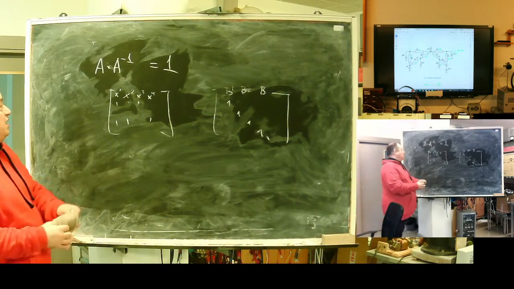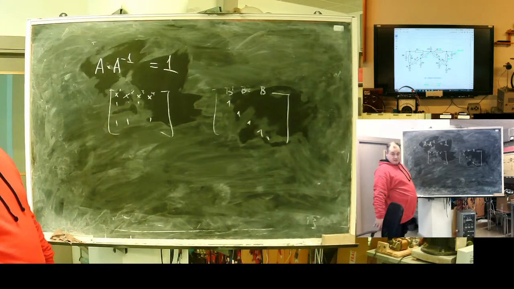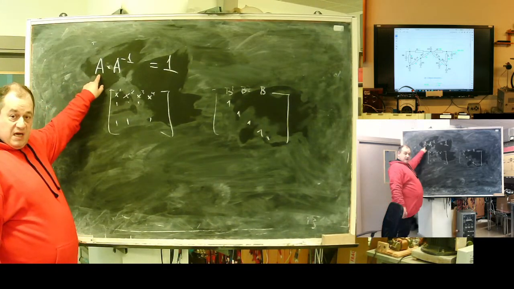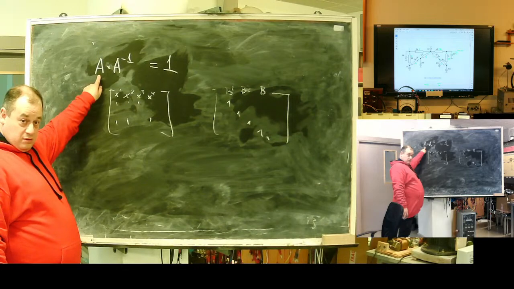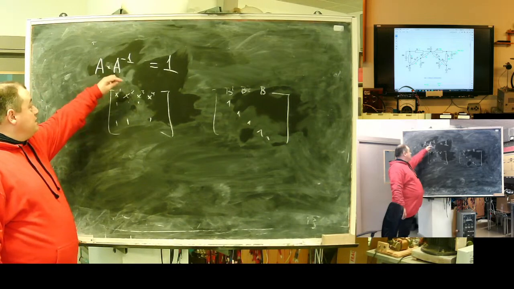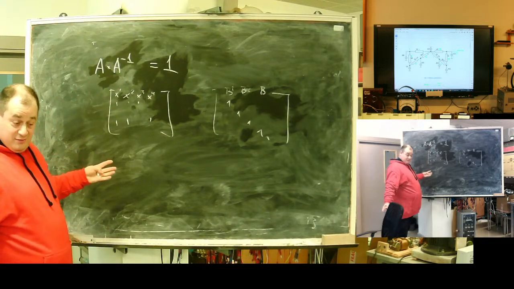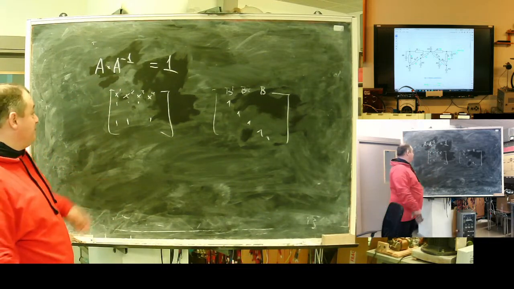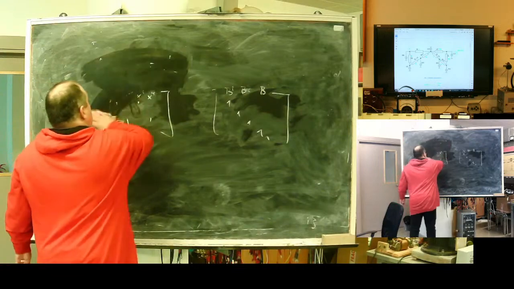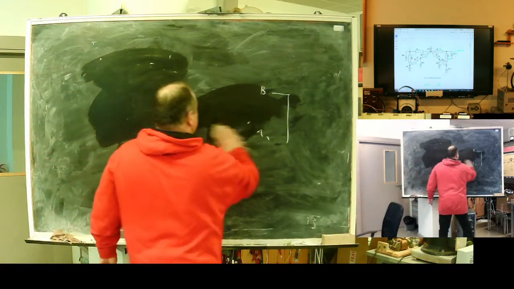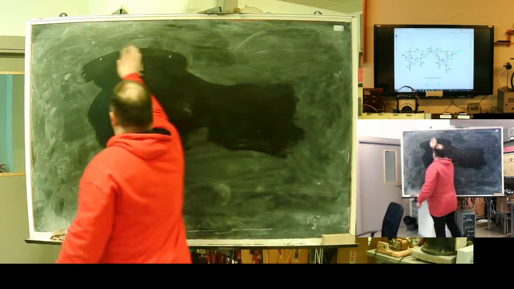If we apply Jordan's technique to this, A will become the unity matrix. This one will convert to the inverse matrix.